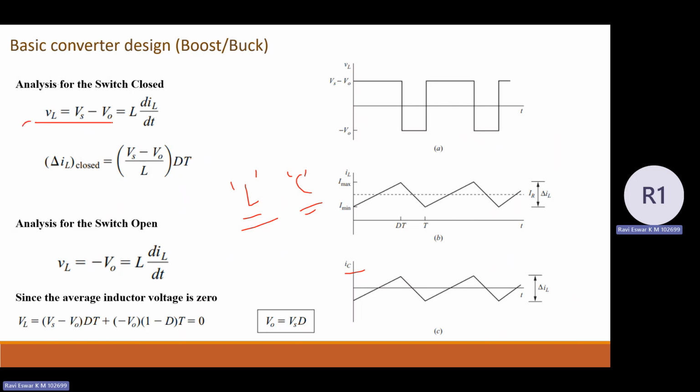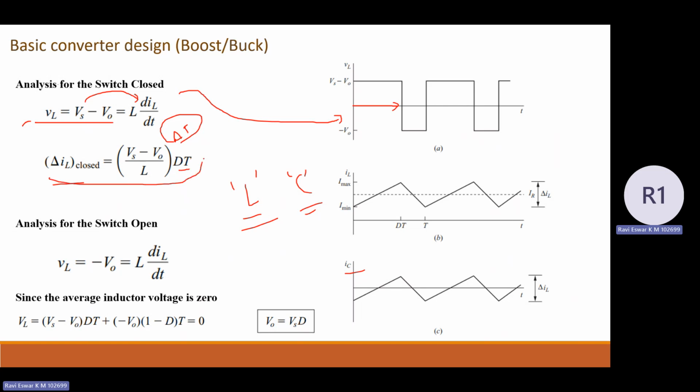We have written the voltage across the inductor as Vs minus V naught. VL I can write as L into del I by del T. From this, del I can be written as (Vs minus V naught) divided by L into del T. Here, what is the change in time during the mode 1 case? It is T on. How can I write T on? D into T.